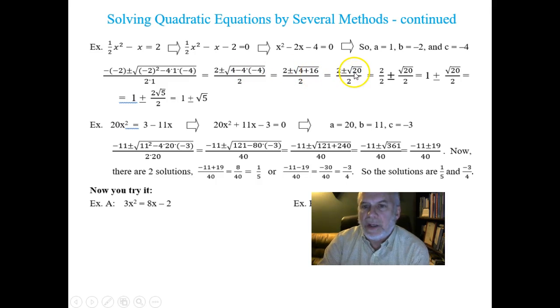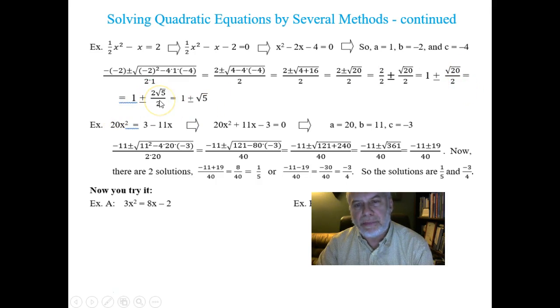And so you get 2 plus or minus the square root of 20 over 2 on the bottom. Now, there's a couple different ways to proceed from here. I would recommend that you split it up into separate fractions at this point. Split it up and say 2 over 2 and square root of 20 over 2. Now the 2 over 2 just becomes 1. And so you have 1 plus or minus the square root of 20 over 2.